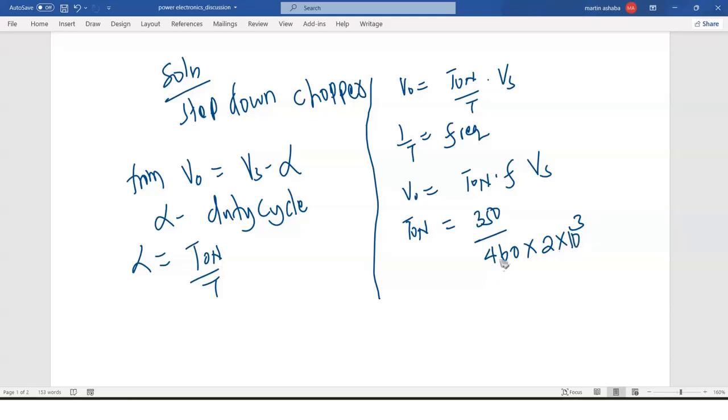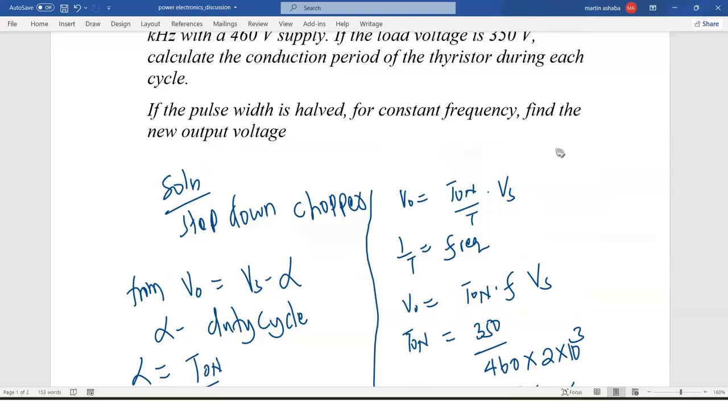So what does this give us? The conduction period, T on, is 0.38 milliseconds. That is the conduction period for this thyristor in each cycle.